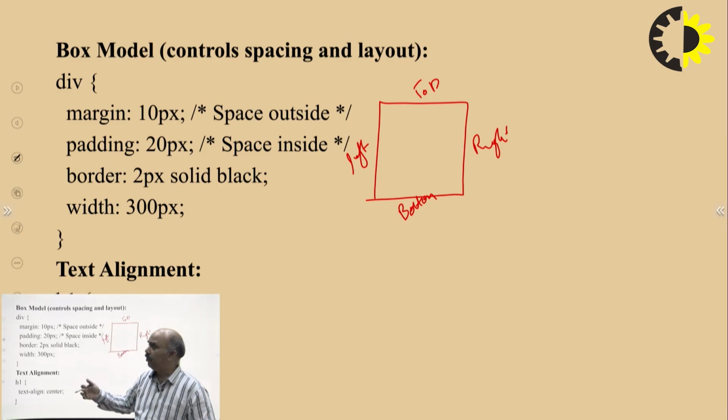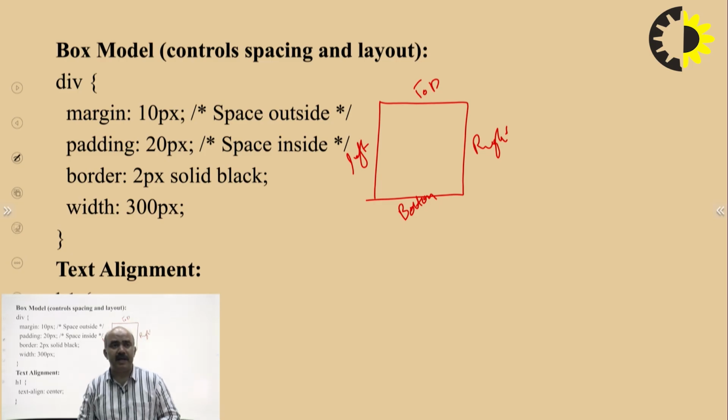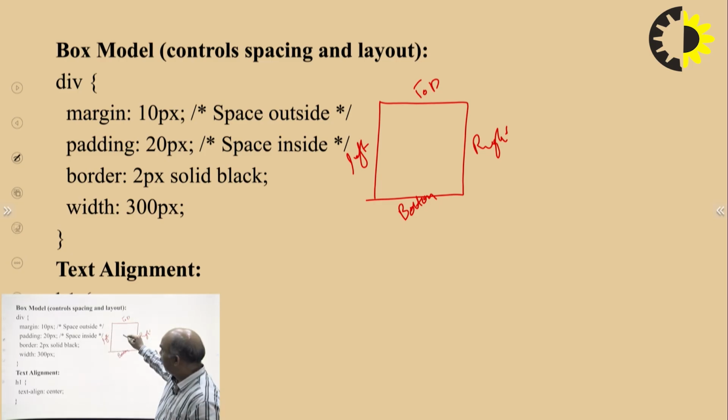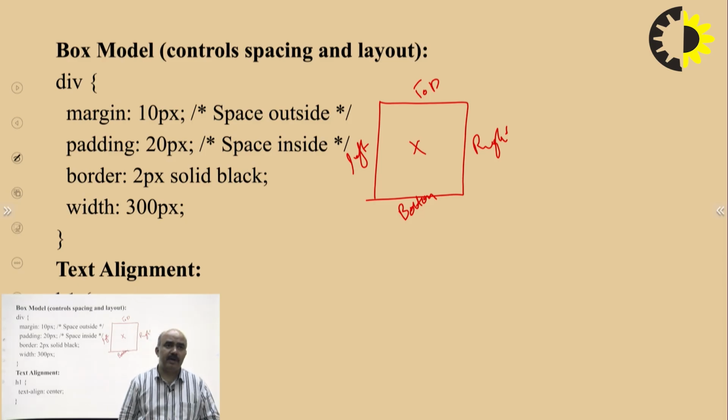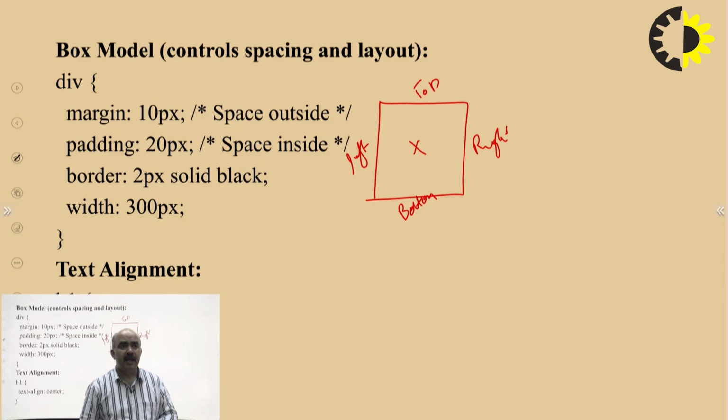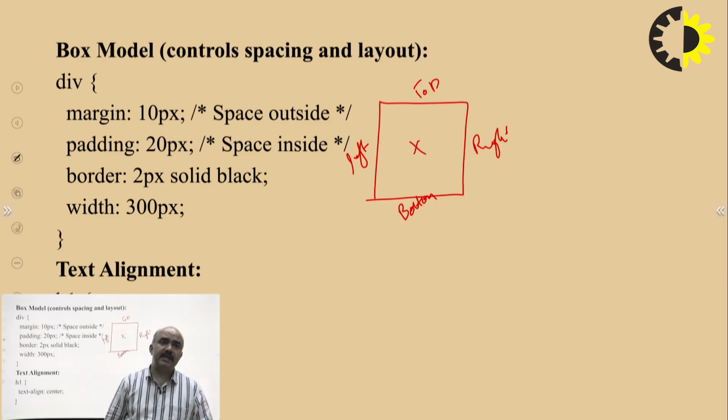We can also define the margins outside of the box. We can define the padding for the content within, whether in the middle, left, bottom, or right, whatever you want. Then there is the border: if you say solid black, that defines the width of the border.